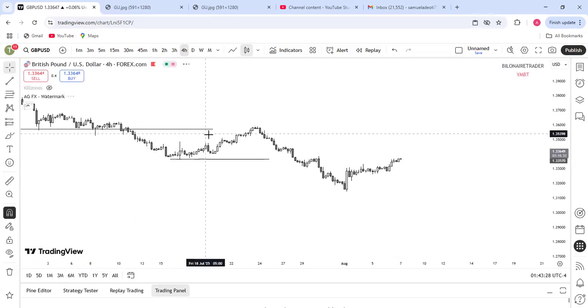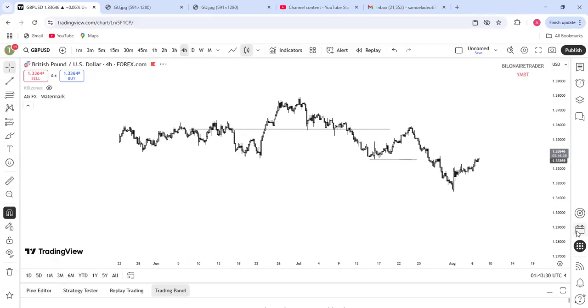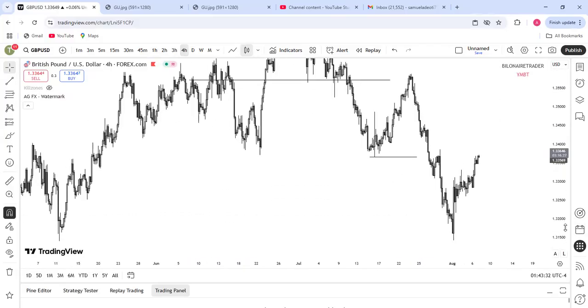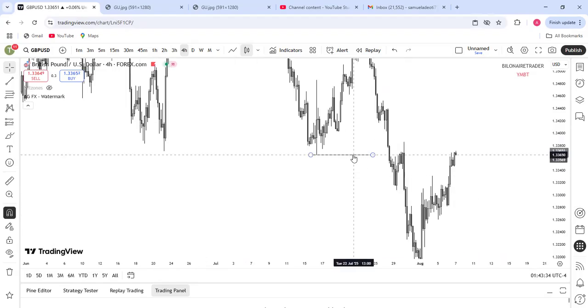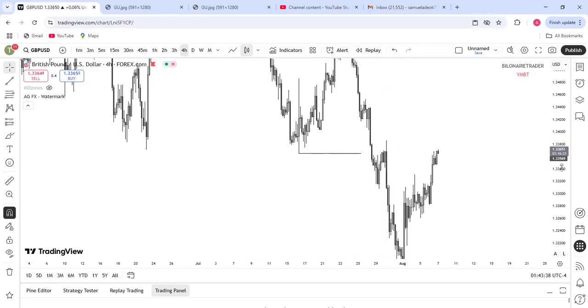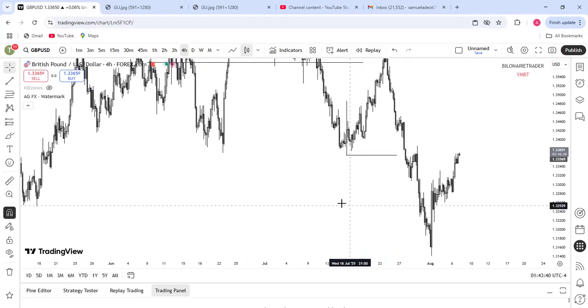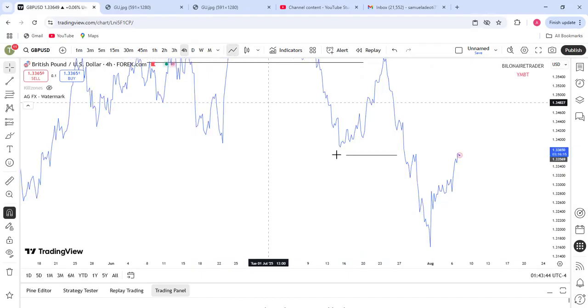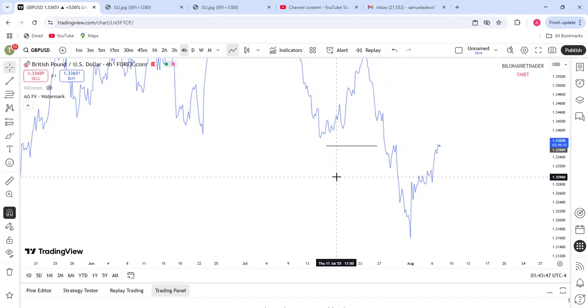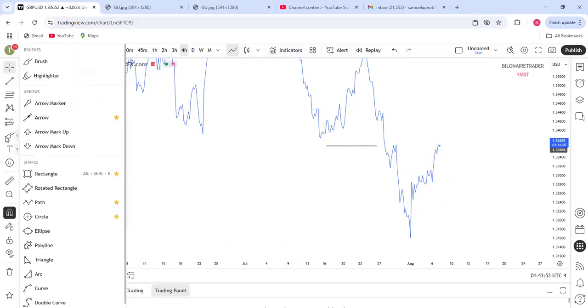Coming to the 4 hours, having gotten this breakout, I switched to the line charts to look out for the most recent structural behavior. And then I saw this structural behavior here.